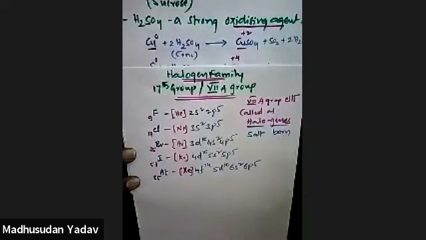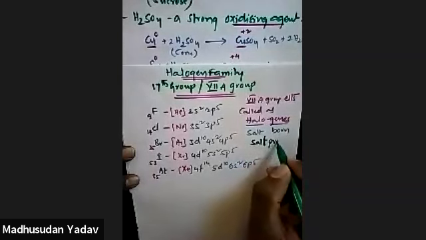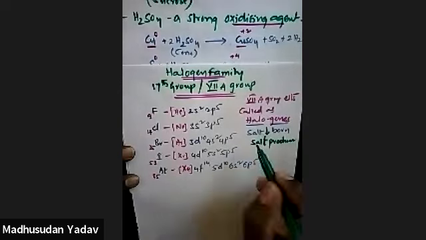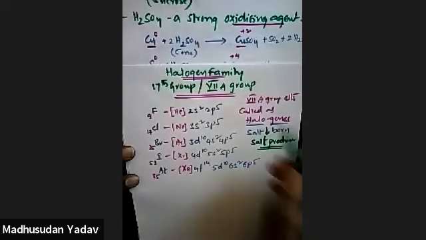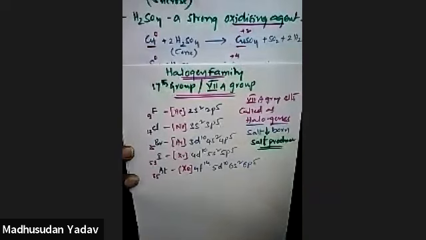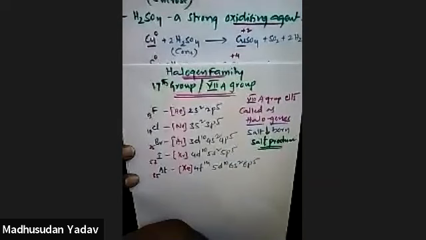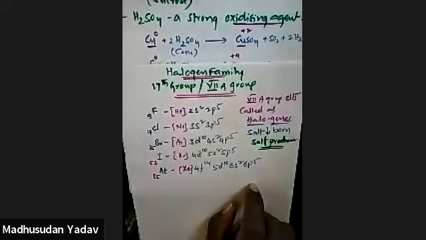So they are salt producers. That's why we call them halogens. Salt is born from them. Because they are salt-producing elements, that's why halogens.